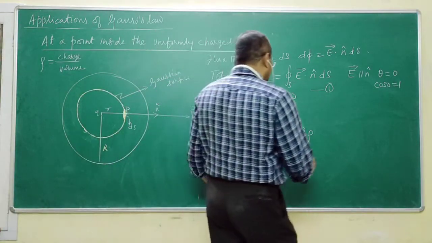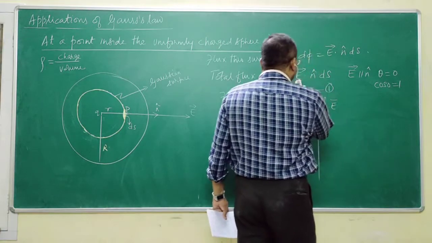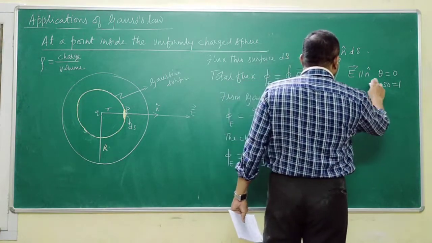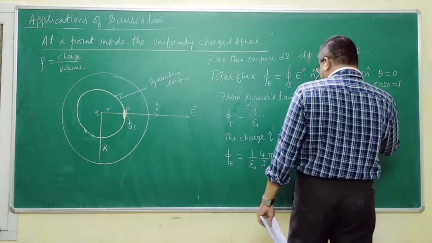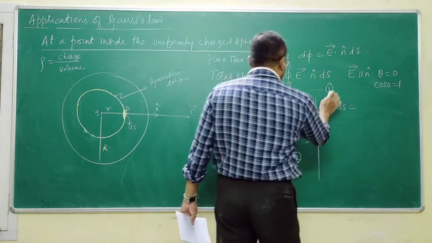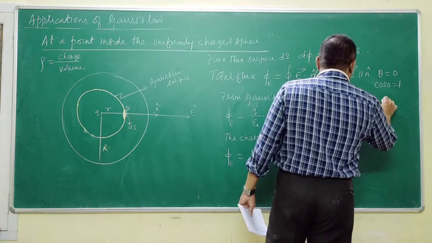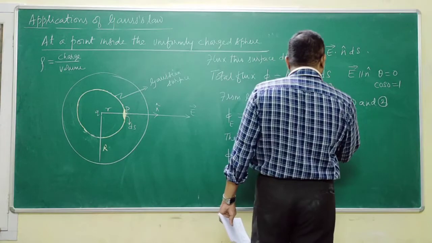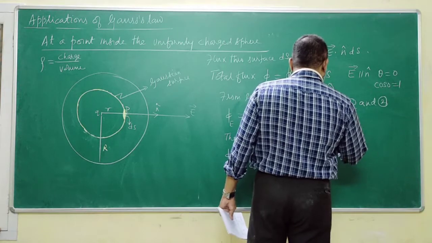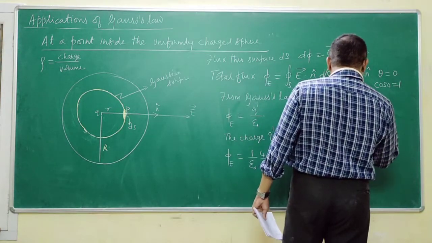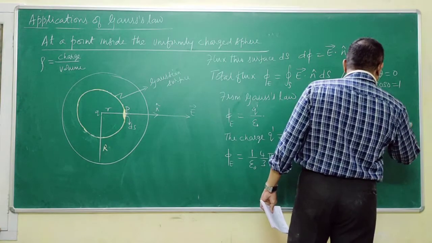Now equation 1 I will write it here. Integral over the surface of E vector dot n unit vector, because theta is 0, this will reduce to E ds. This is equating 1 and 2. From equations 1 and 2, I write E integral over the surface of ds is equal to 1 by epsilon naught into 4 by 3 pi r cube rho.